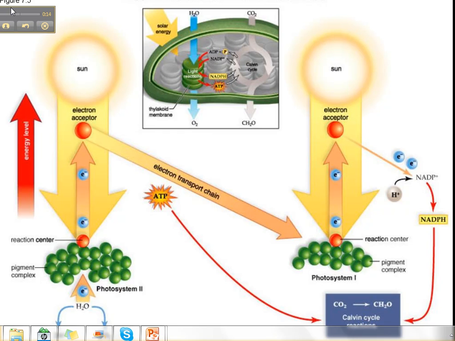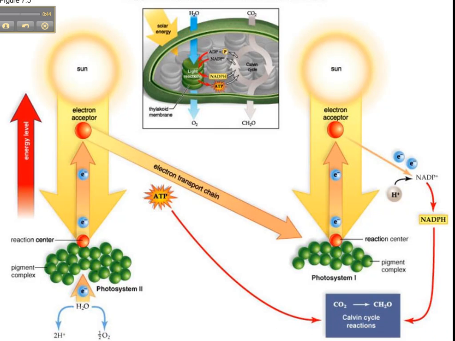This is the non-cyclic, and so we use both photosystems, and the electron's gonna go up through the electron transport chain, which produces ATP, go through the second one, produce some NADPH, and now we're going to go over to the Calvin cycle. And so we're going to get to this next slide.